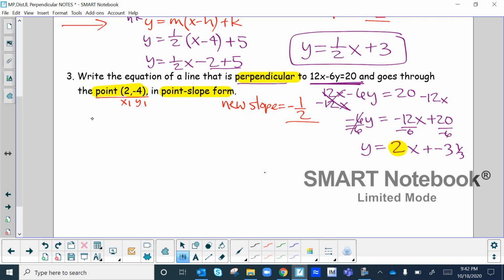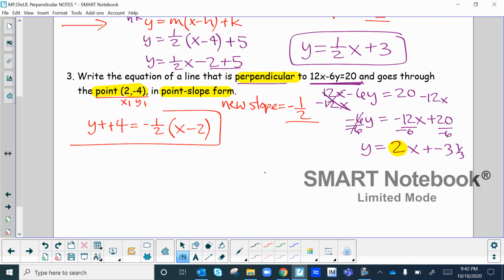So my formula is y minus y1, which I'm going to just straight up write negative 4, equals m, which is my new slope, negative 1/2, times x minus x1, which my x1 is 2. And so now all I have to do is simplify. Well, I really don't even need to simplify that. I can just turn that to a positive like that.